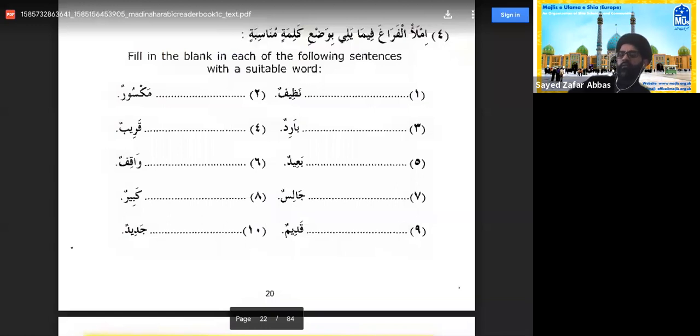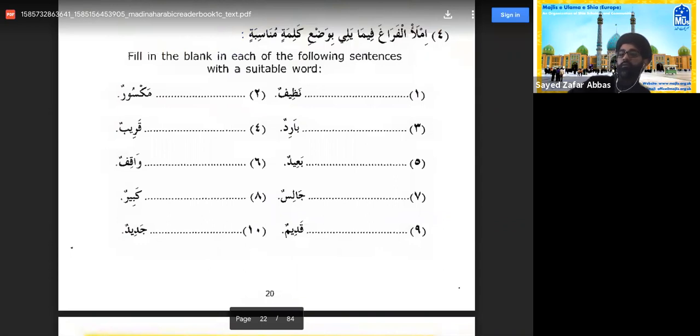Ba'id, far away: al-madrasatu ba'id, the school is far away. Waqif: al-mudarrisu waqif, the teacher is standing. The doctor is sitting, or the boy is sitting, for example, if you used it in the previous example.